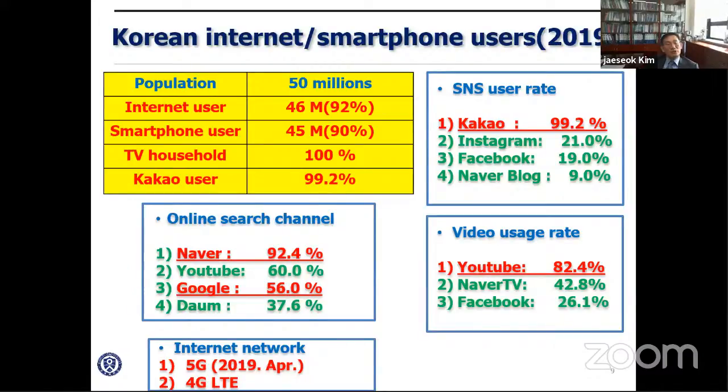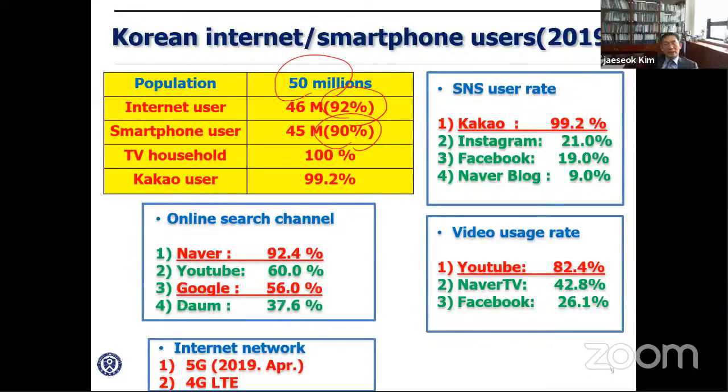Our population is about 50 million. Internet users are about 92%. Smartphone users are about 90%. That means, except for children, all Koreans are connected to the internet using smartphones.